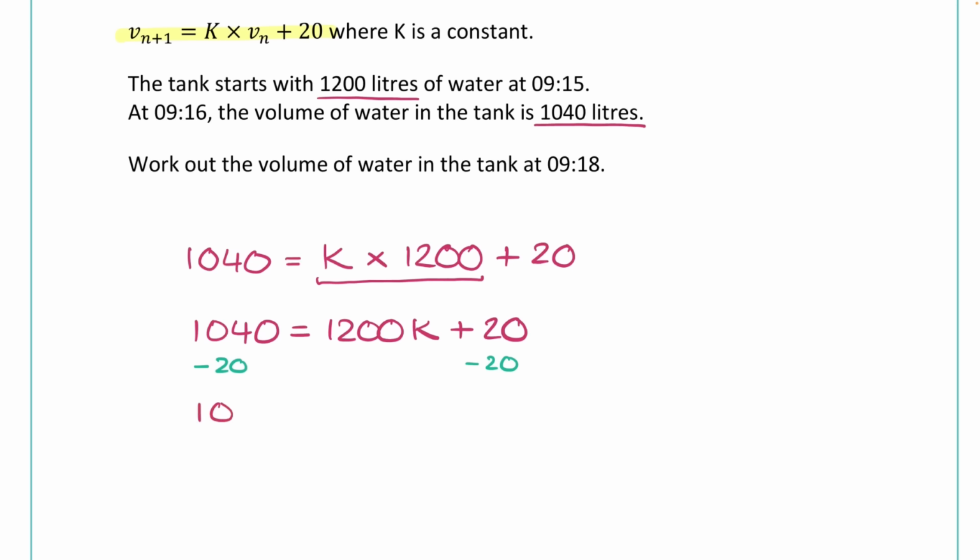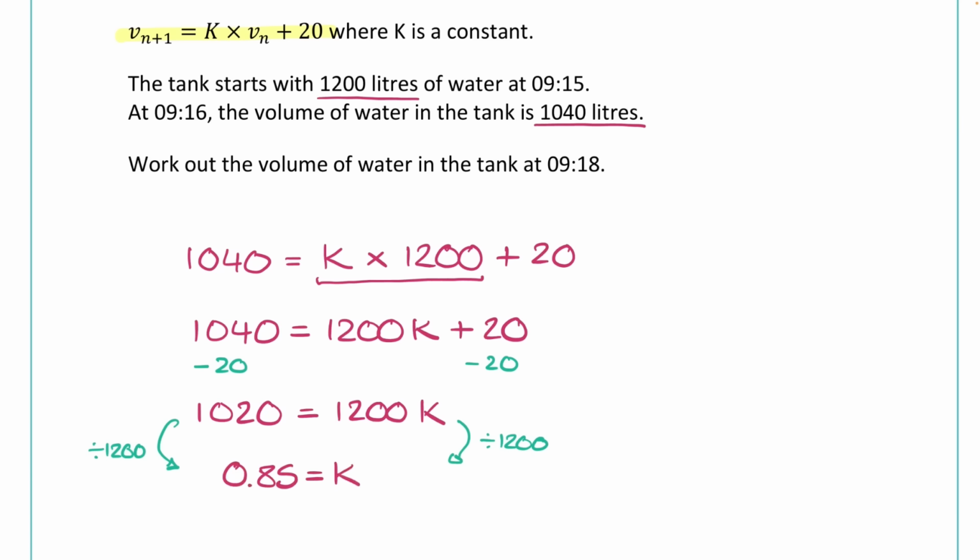We get 1,020 is equal to 1,200k, and then we divide by the 1,200, as that's what's on our k. We want to know the value of just 1k, not 1,200k. So 1,020 on the calculator, divided by 1,200, is equal to 0.85. So 0.85 is equal to k.